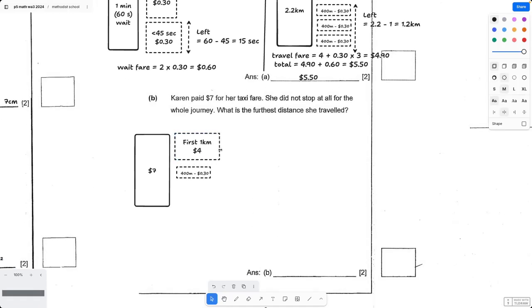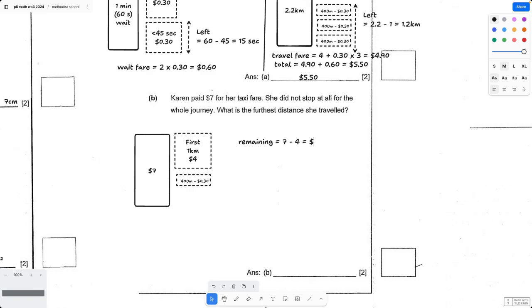So what we need to do, in a sense, is divide. Here we have the first kilometer. So the remaining is equal to 7 minus 4, which is dollars 3. And then 30 cents is equal to 400 meters.